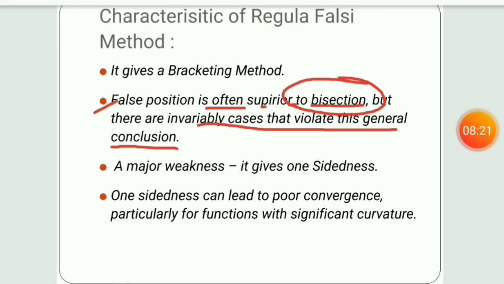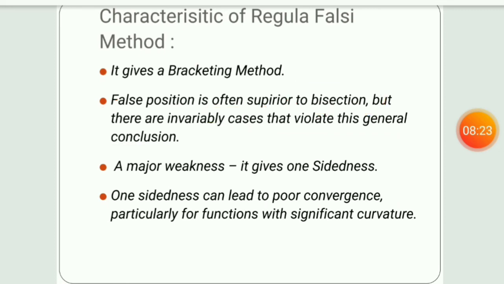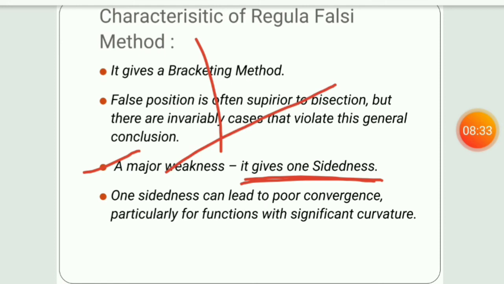Another characteristic, a major weakness, is that it gives one-sidedness. What does one-sidedness mean? Suppose I have a curve, as we discussed in the first Regula-Falsi class, and here I have an interval of a and b. For this I have f of a and f of b.